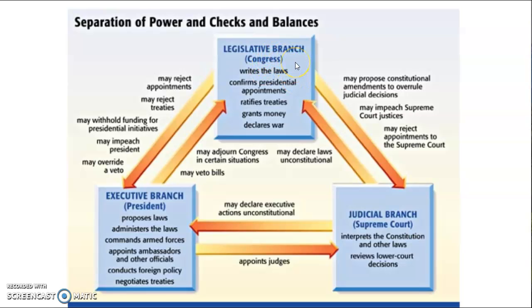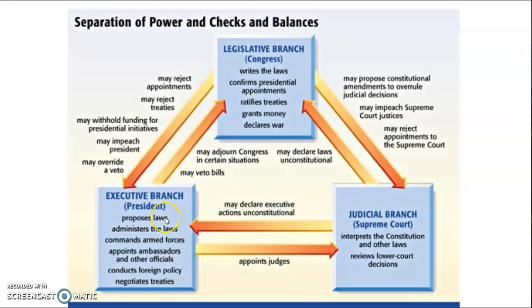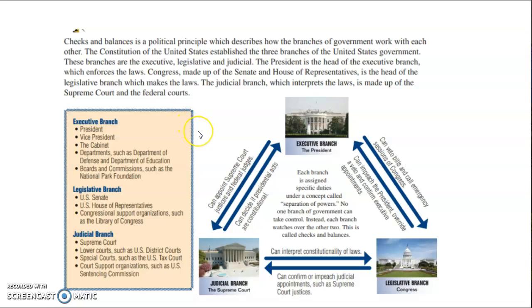The legislative branch also has powers over the judicial branch. And so if you follow the arrows, that shows that power over that other branch. So this is a really good chart that you can use to understand checks and balances. This is the reading and the notes that you will put into your notebook.